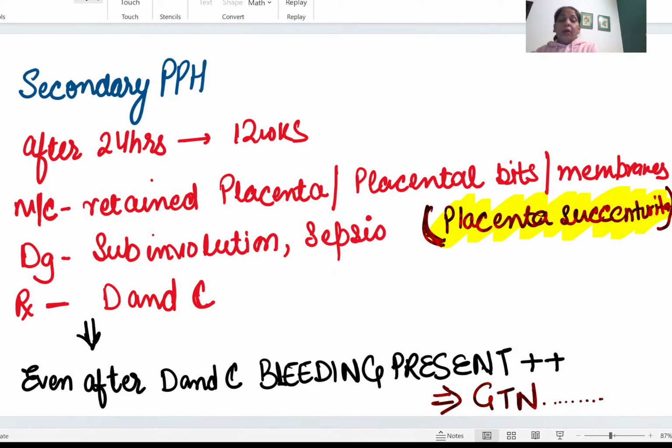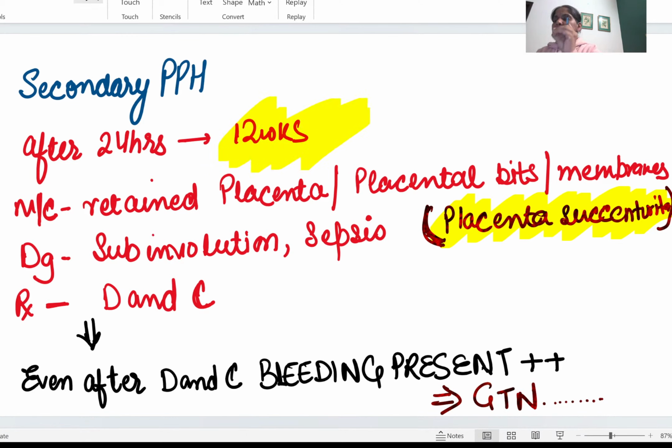Okay, now let us see the secondary PPH. Secondary PPH is the PPH which occurs after 24 hours and it can occur up to 12 weeks.